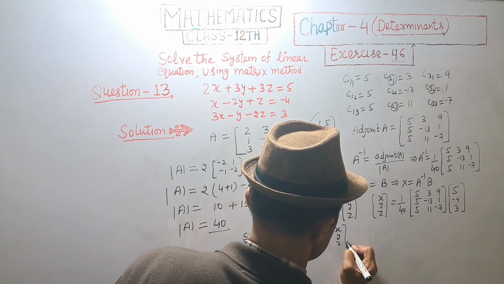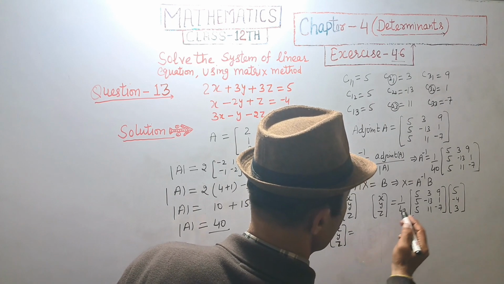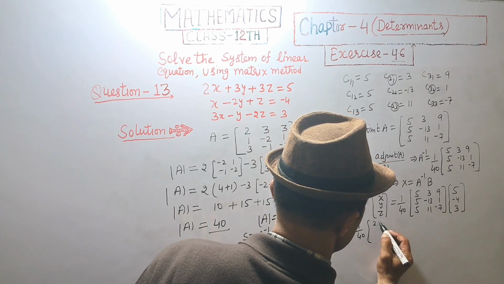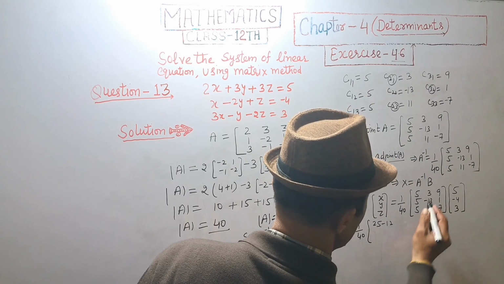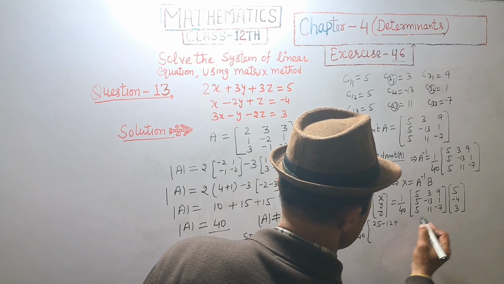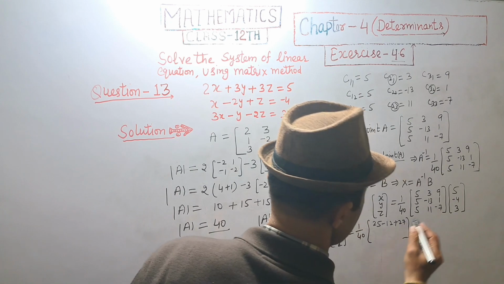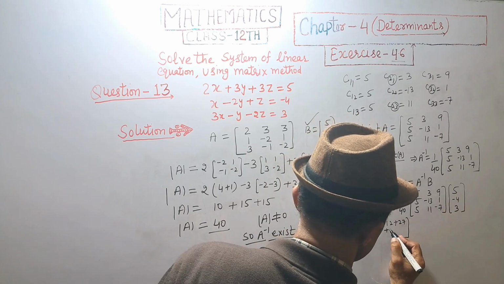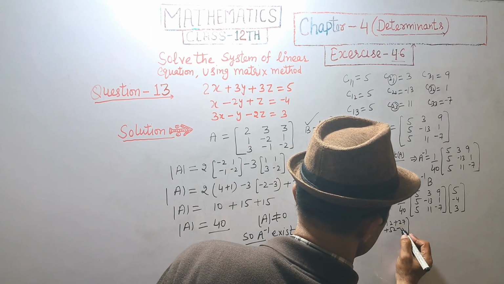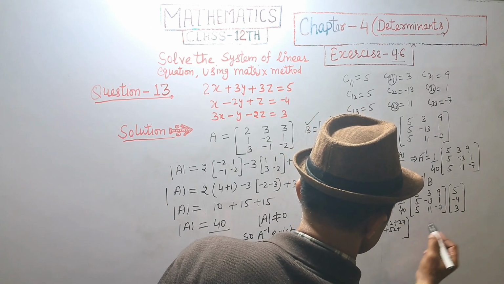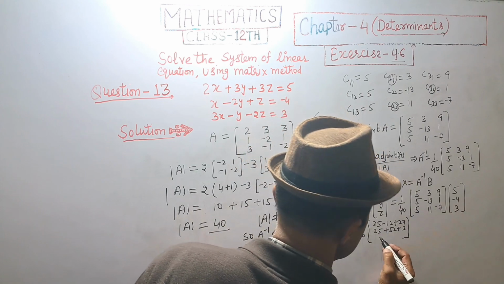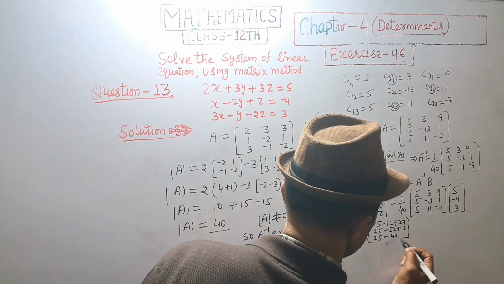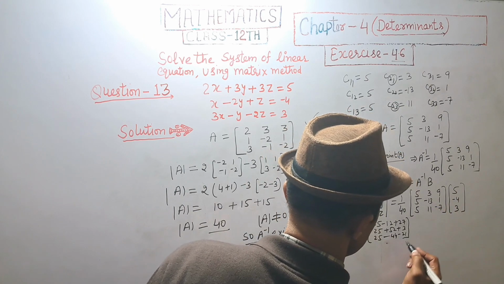x, y, z is equal to 1 upon 40, 5 5s are 25, minus 4 3s are 12, plus 9 3s are 27, and 5 5s are 25, plus 13 4s are 52, plus 1 3s are 3. 5 5s are 25, minus 44, minus 21.